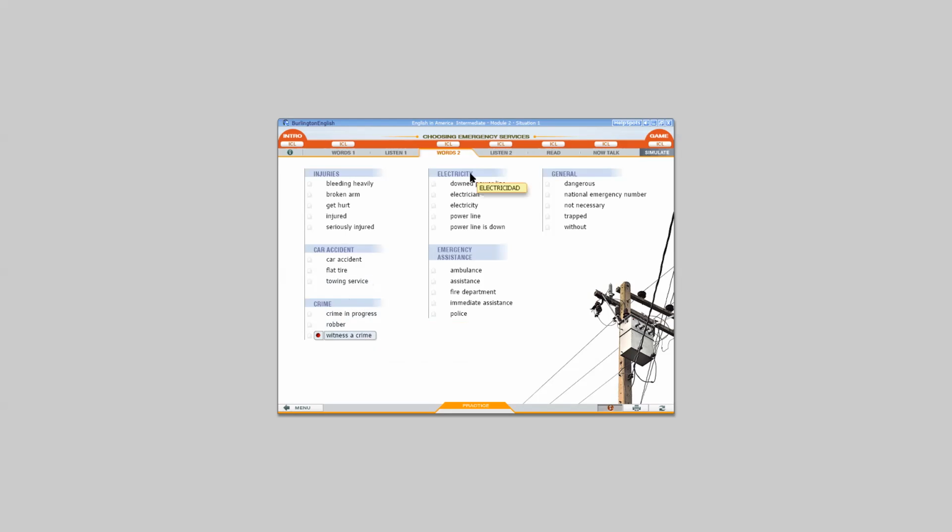Electricity. Downed power line. Electrician.